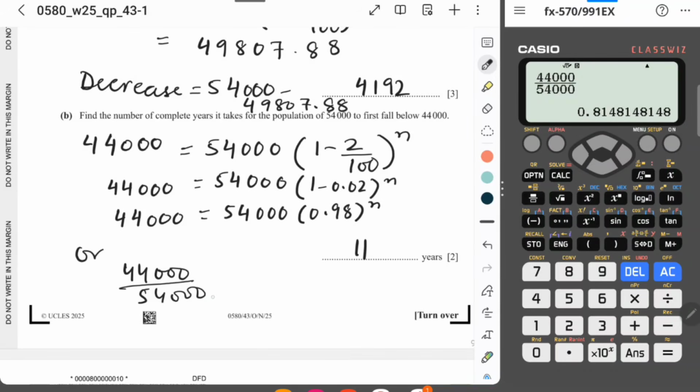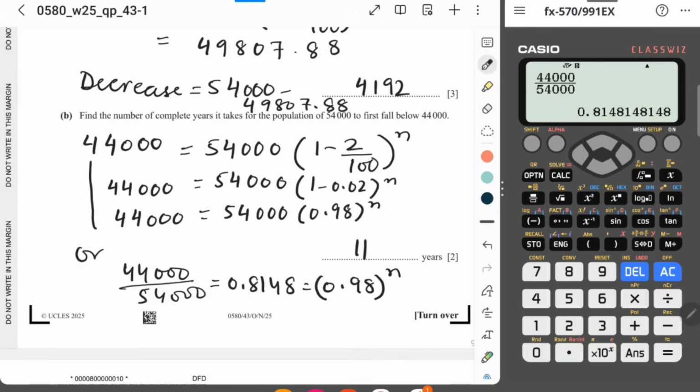So 0.98 to the power n equals 0.8148. You can take the log, that n log of 0.98 is equal to log of 0.8148. You just divide and you will get the number of years.